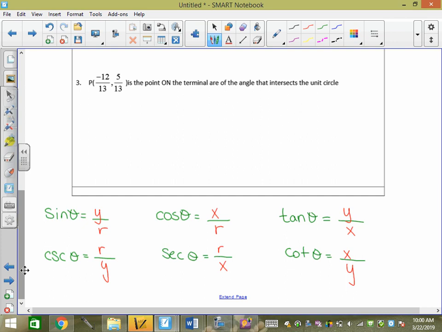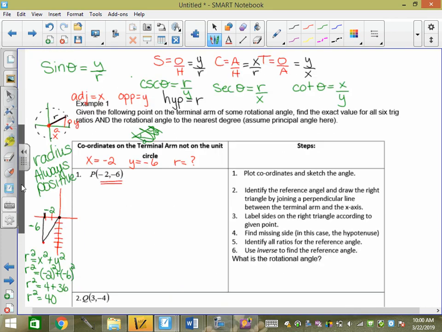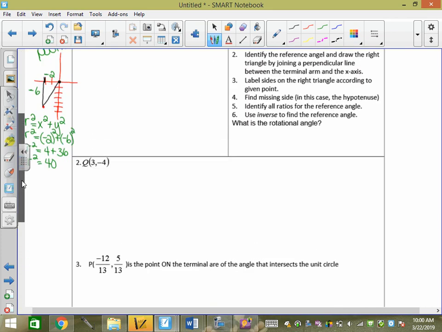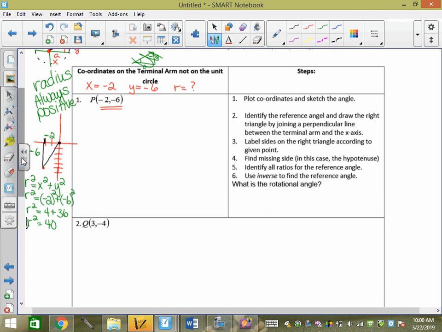Square root both sides. When I take the square root of both sides, I have to take plus or minus. So r equals positive root 40 because it can't equal negative. We can't write root 40. If you put root 40, the answer is not going to be there. It's always going to be the reduced version. If you can reduce that radical, you need to reduce that radical.